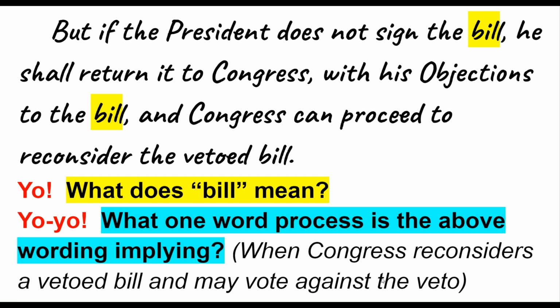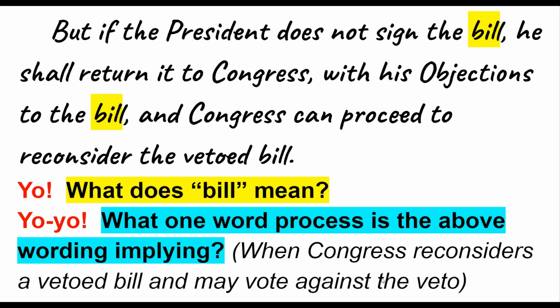So, what does bill mean? Well, that is a proposed law. And what one word process is the above word implying? So when Congress can proceed to reconsider the vetoed bill. So when the president will not sign a bill, that is called a veto. But Congress can overcome that veto.